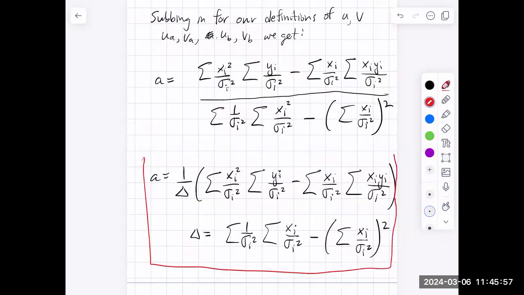So that is your intercept. Notice that everything in here is known because we've made measurements of xi plus or minus sigma xi and yi plus or minus sigma i. And so we have every single value in here. You just have to evaluate all of those sums and out pops your intercept.